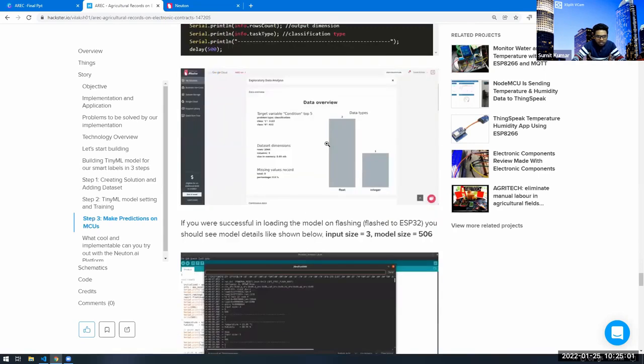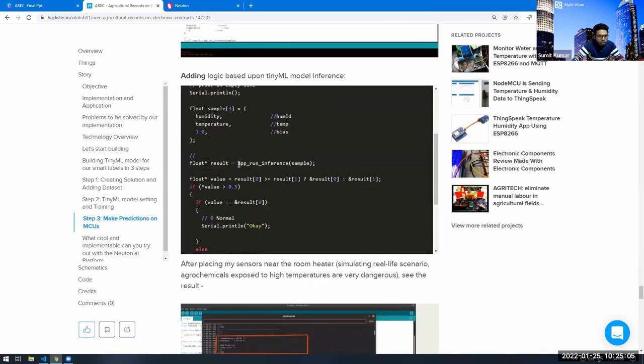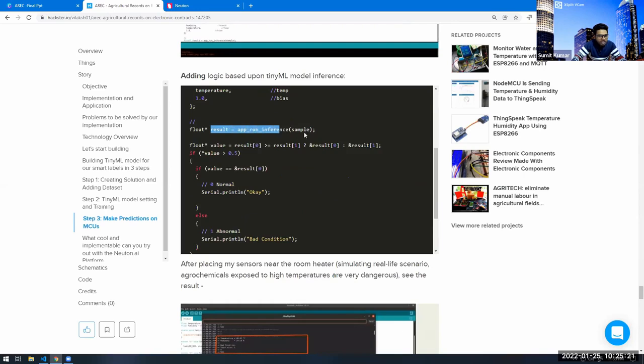So here goes the important thing. With app.run inference, you just pass the sample. You prepare the sample as you did for the training, so it should match the training data set which you have used. Like the first column was humidity, then temperature, and additionally you add a bias to this sample. Once the sample is ready, you pass it to that function.